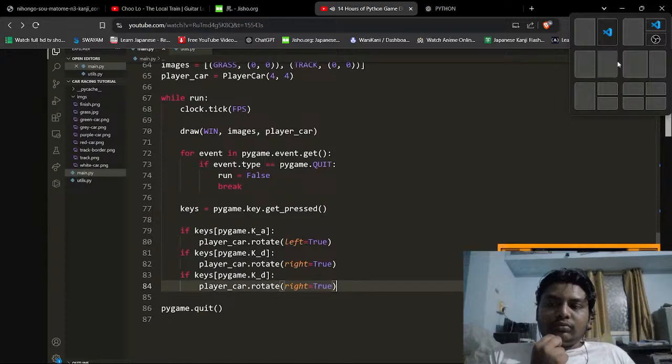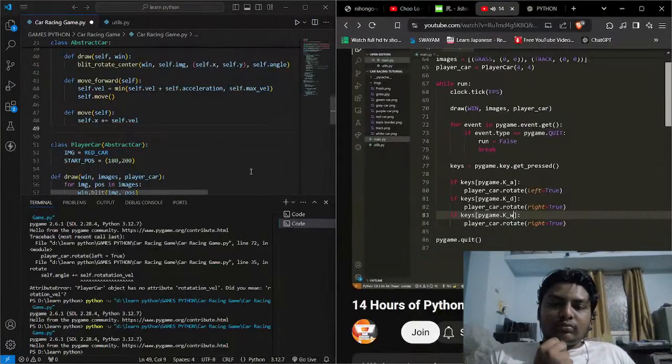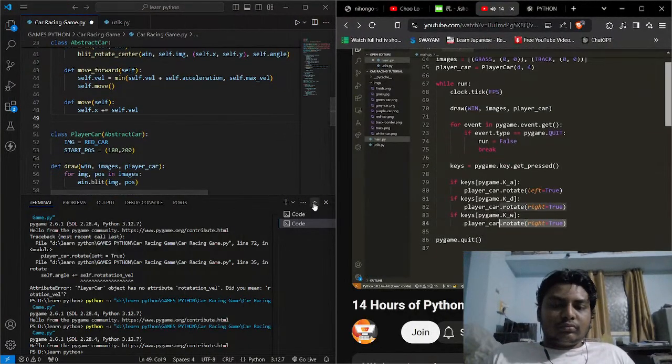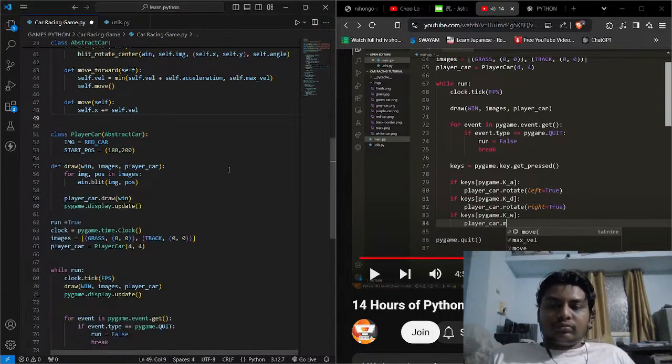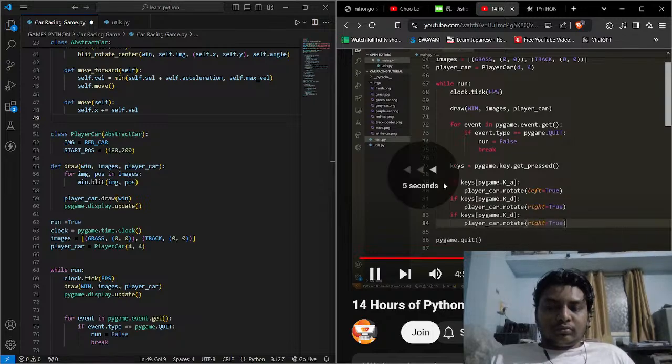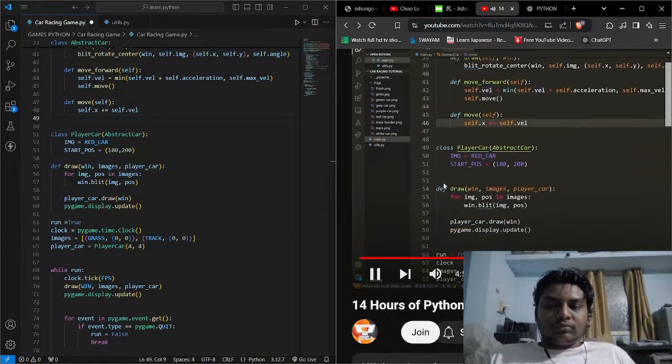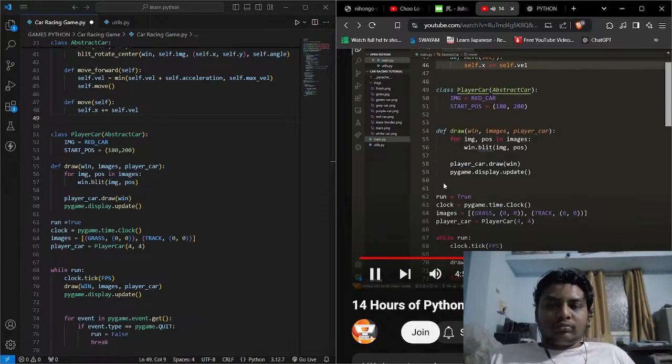So I'm going to go here and say if keys pygame.key underscore w, then player car dot... if to, then we'll get more complex.